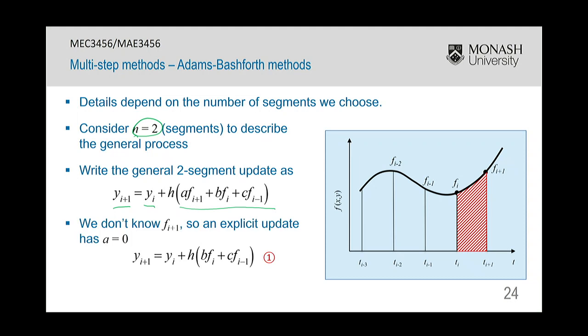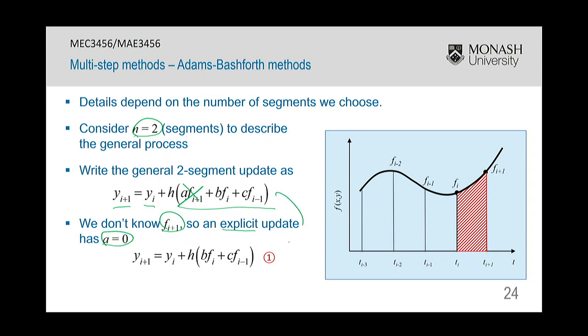Now, for an explicit update, we don't know what f i plus 1 is equal to. So for the predictor step, which has to be explicit, in other words using information that we've already got, not information we don't have, we know we have to set a is equal to 0 because we can't use this term here.